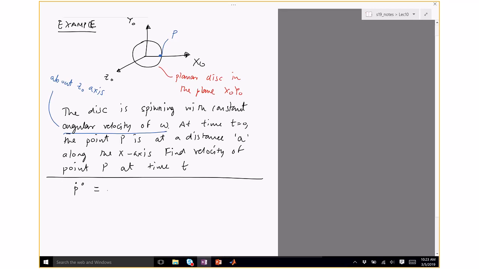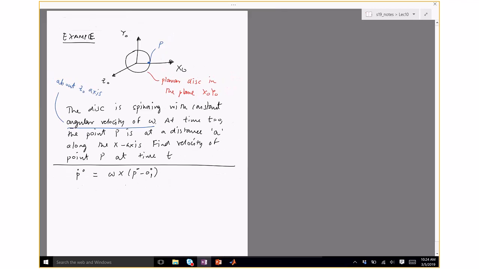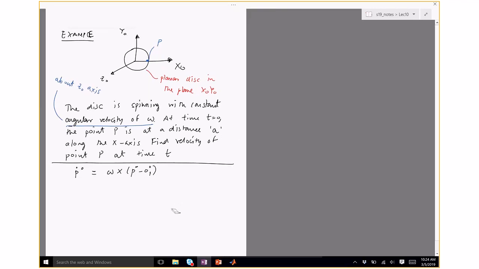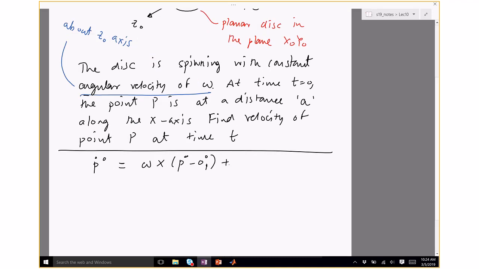That is equal to omega cross (P0 minus O10) plus R10 P dot 1 plus O10 dot.